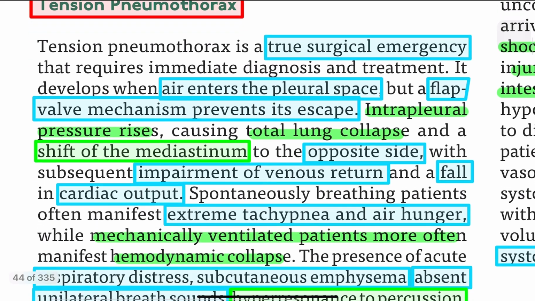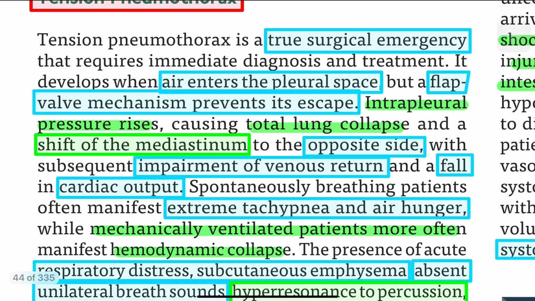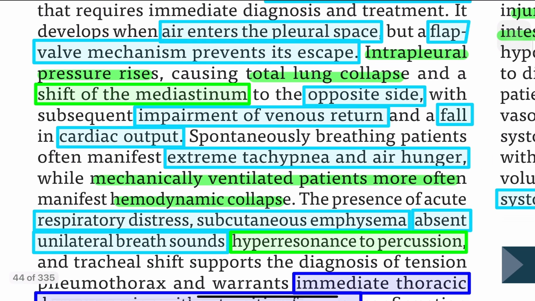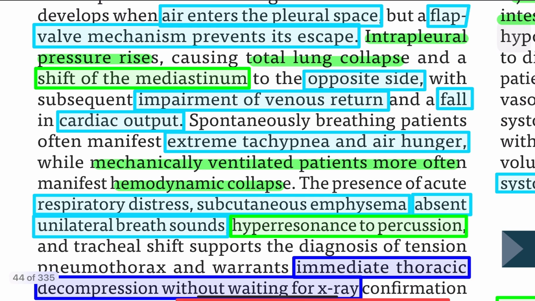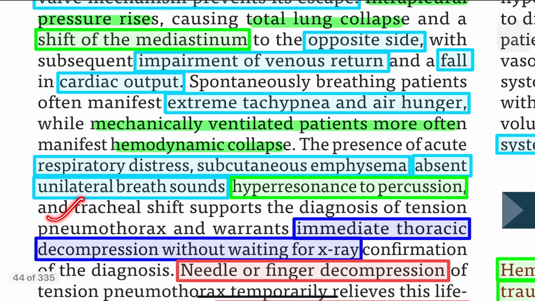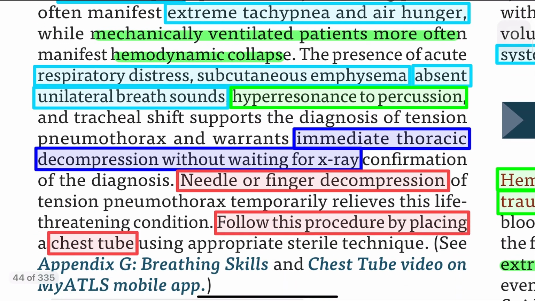You will see a shift of the mediastinum to the opposite side, impairment of venous return and fall in cardiac output, and the patient will have extreme tachypnea and air hunger, respiratory distress, subcutaneous emphysema, absent unilateral breath sounds and hyperresonance to percussion. The patient needs immediate thoracic decompression without waiting for X-ray, by needle or finger decompression followed by placing a chest tube.